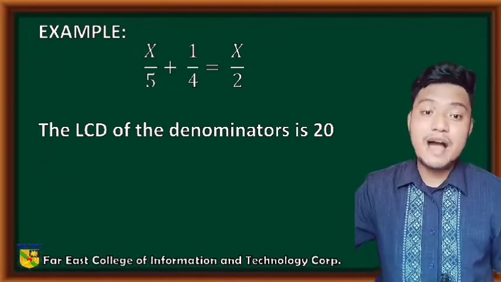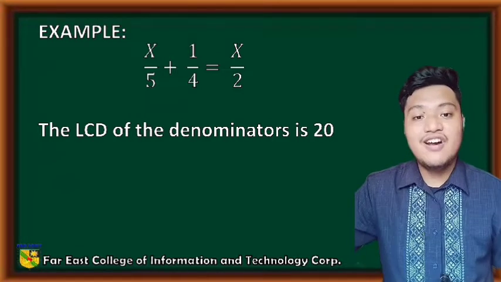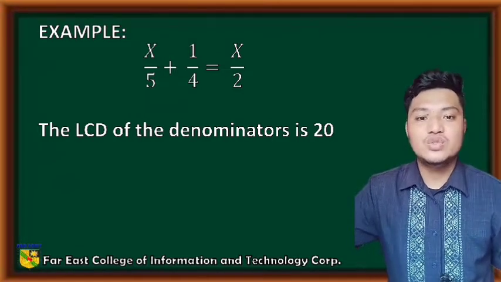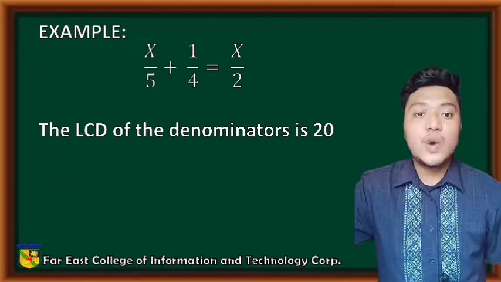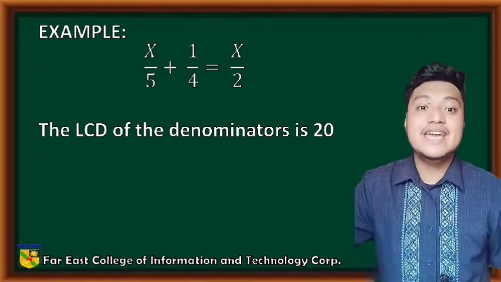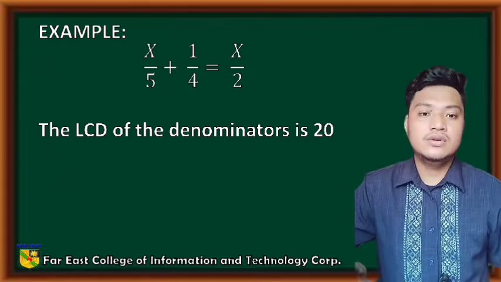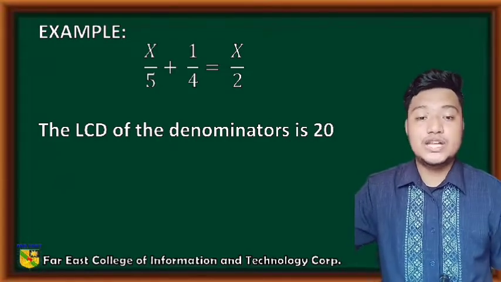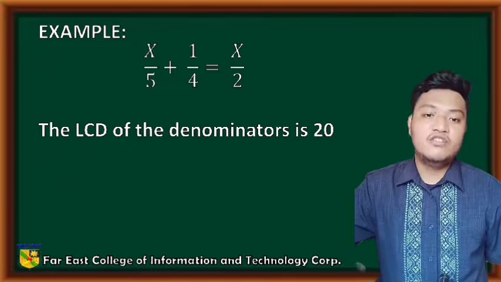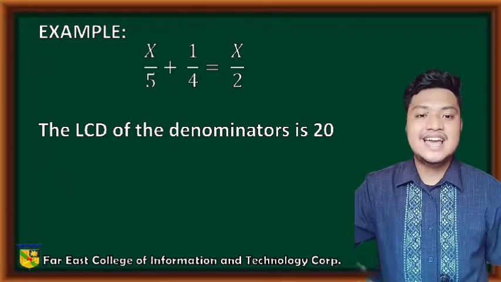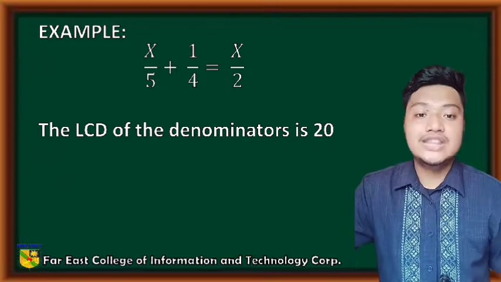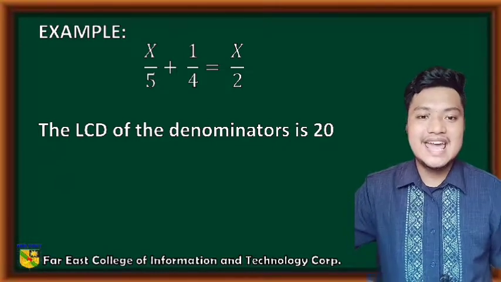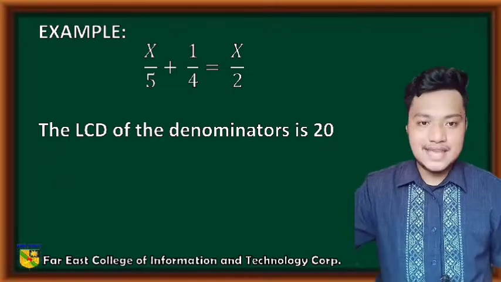So, ano ba yung factor ni 4? 4, 8, 12, 16, 20, 24, 28, 32. Ano naman yung factor ni 2? 2, 4, 6, 8, 10, 12, 14, 16, 18, 20.